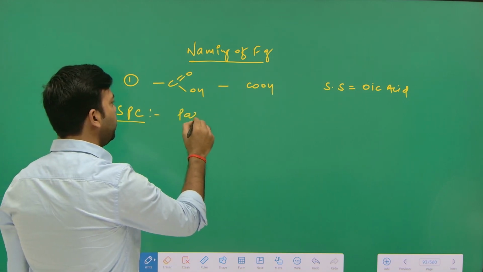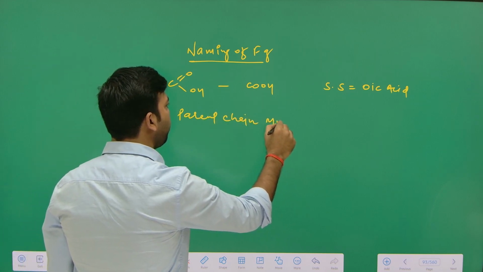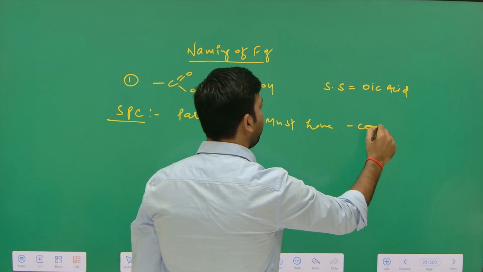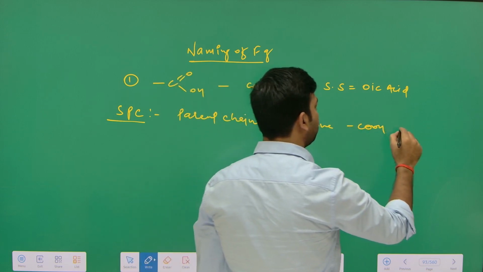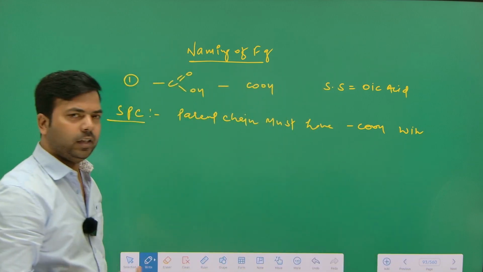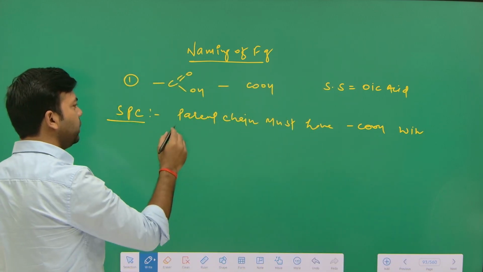The parent chain must have the carboxylic group with the longest carbon chain. If there is a double bond, you have to include the double bond in the principal chain, but the carboxylic group must be in the parent chain.